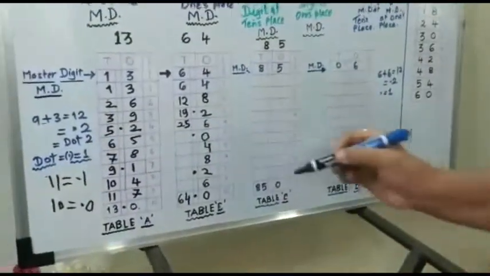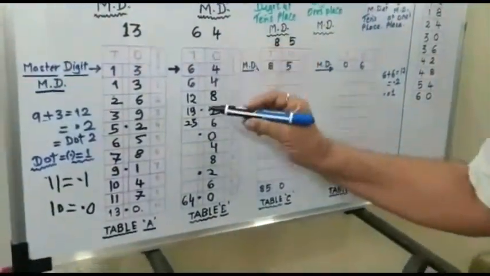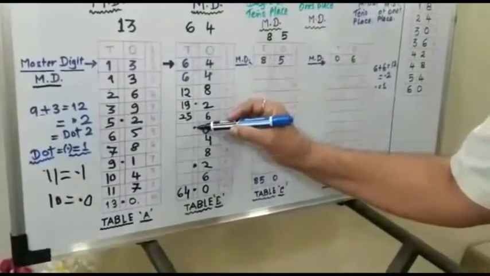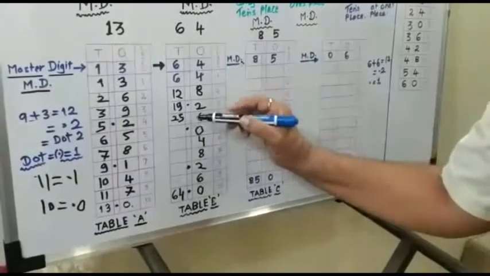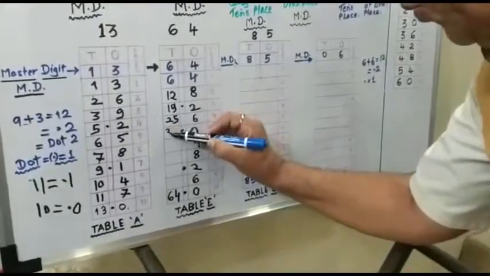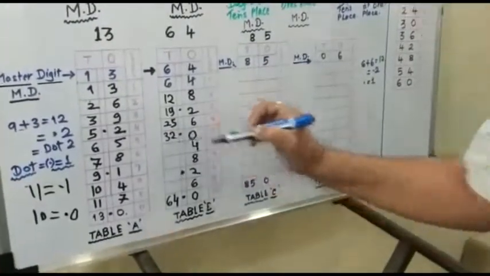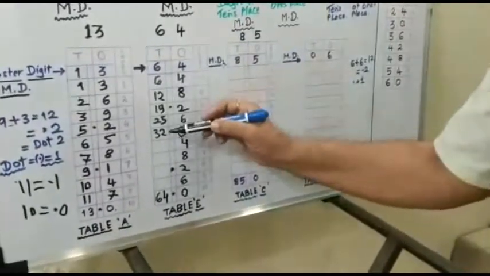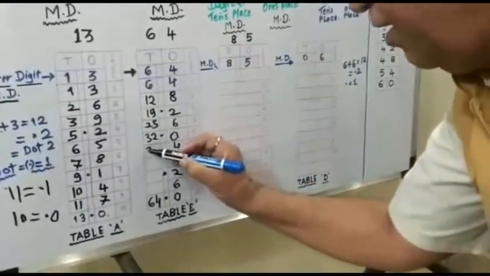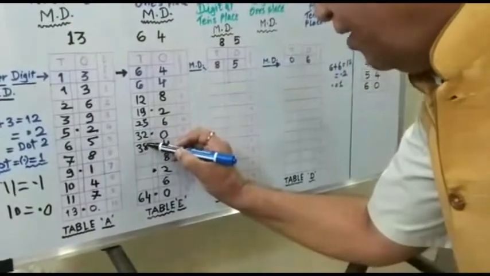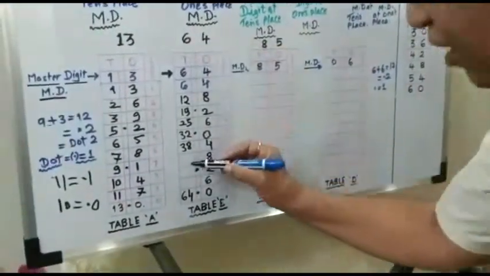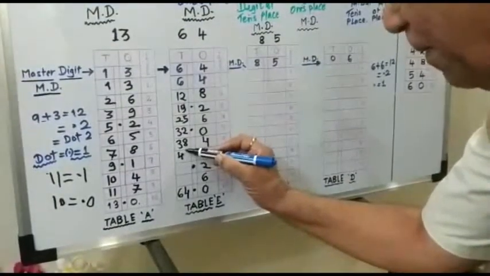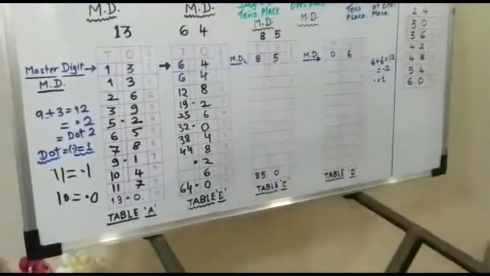Okay. Now 25 plus 6, 31. But dot is here, so we have to add that. 25 plus 6, 31 plus 1, that is 32. Now 32 plus 6, 38, no dot. So 38 directly. Now next is 38 plus 6, 44. Okay.